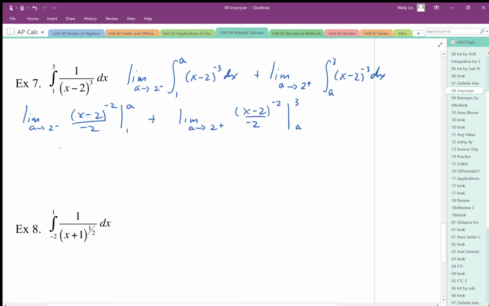I want to rewrite this with the exponent as a positive exponent. So this is a denominator expression.